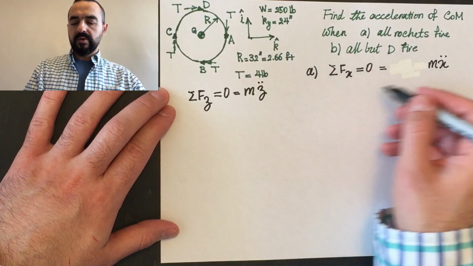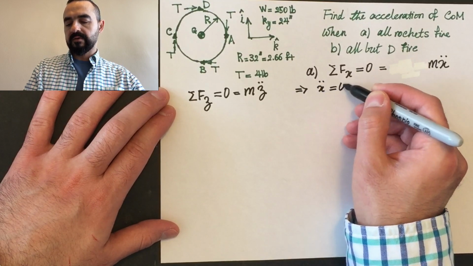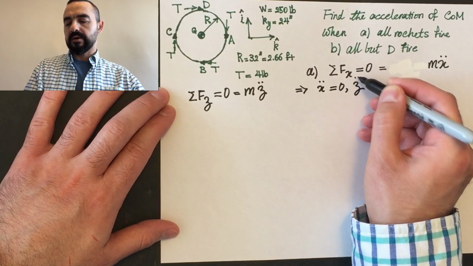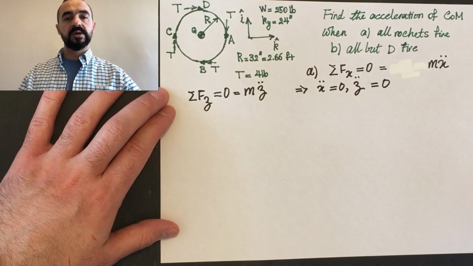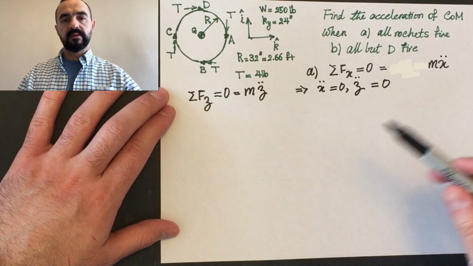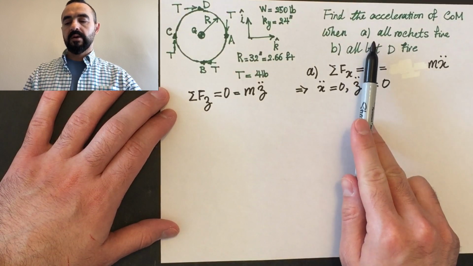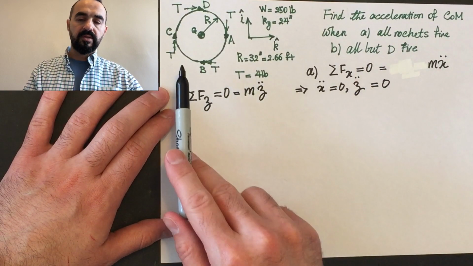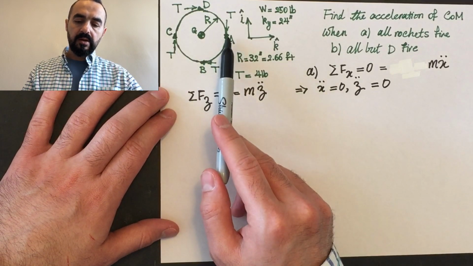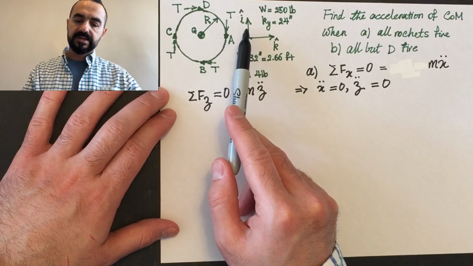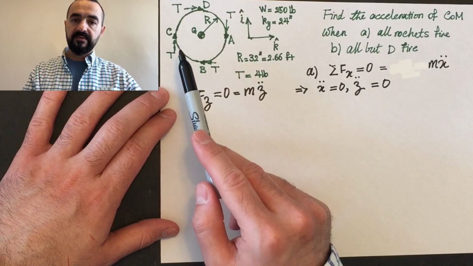So from these two equations, we see that x double dot is equal to 0, z double dot is equal to 0. So the translational acceleration of the center of mass is equal to 0 because in part A, all rockets fire, meaning that if you look at the sum of forces, A points in negative x direction, and at C, the force points in positive x direction.